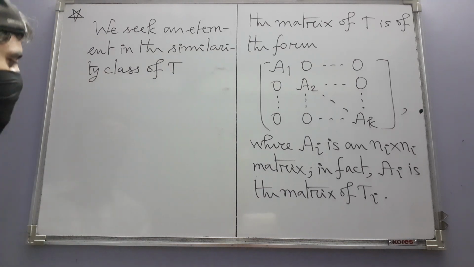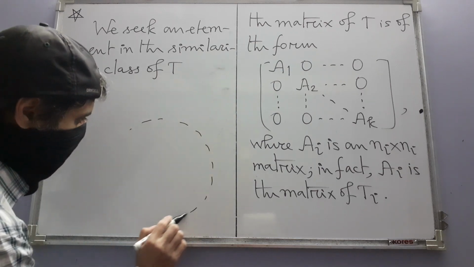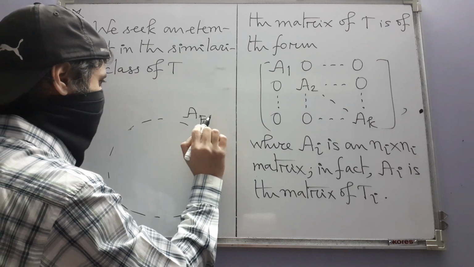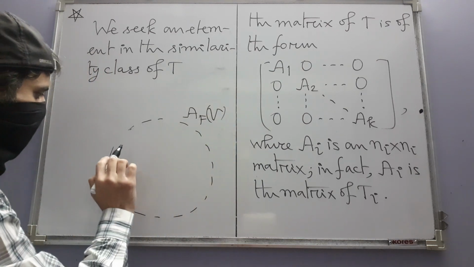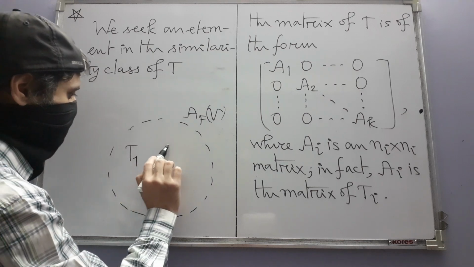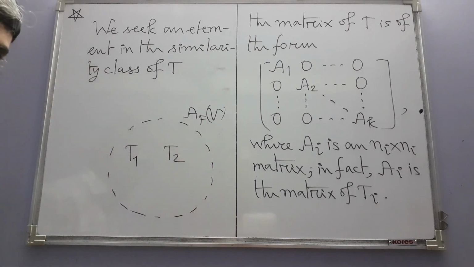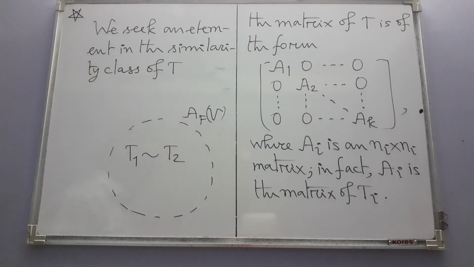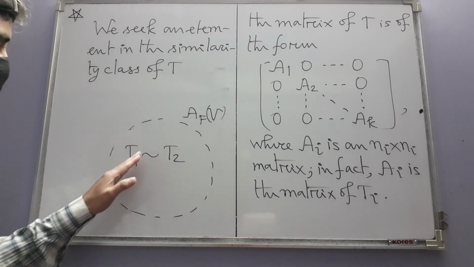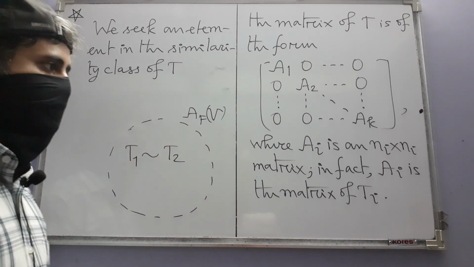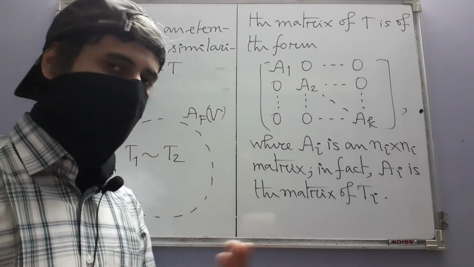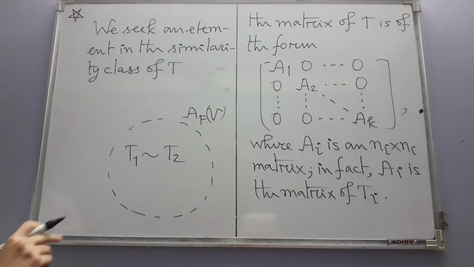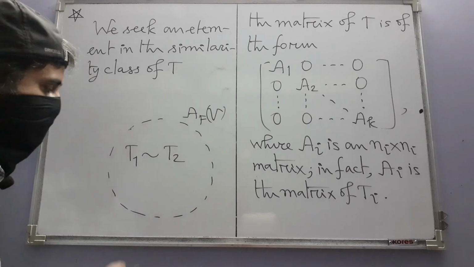We already know that if you look at the operator algebra, which we are calling A(V), there you have operators, say T1, T2, many operators. Some of them are similar to one another. And the good thing about those operators is that they have exactly the same eigenvalues and eigenvectors. And this is an equivalence relation, two operators being similar.